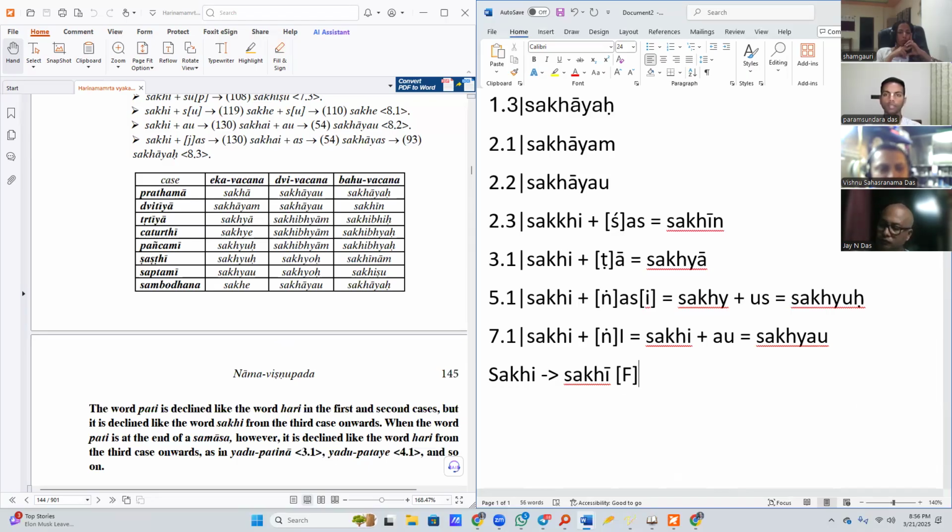And then there will be another table for that. But that Sakhi comes from this Sakhi only, the root. And then we add one pratyay called E, and then it becomes Sakhi. So Sakhi is the root word from which we derive both the words, Purushottam Linga Shabda and Lakshmi Linga Shabda.